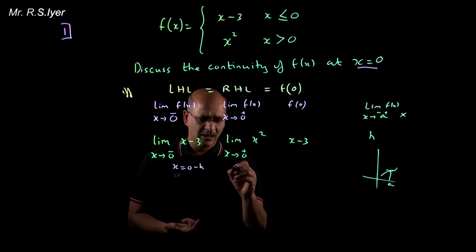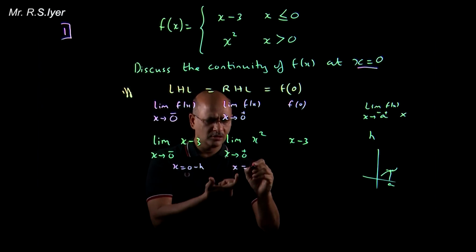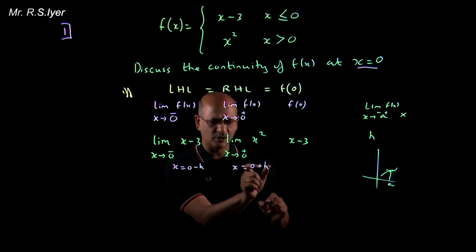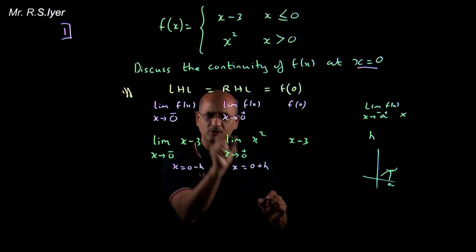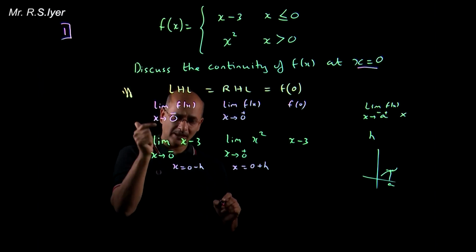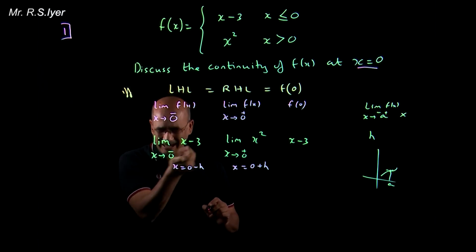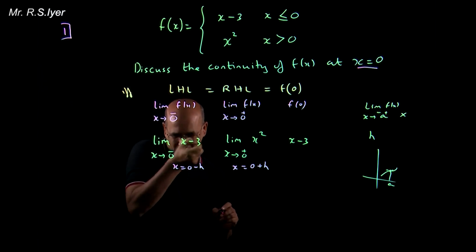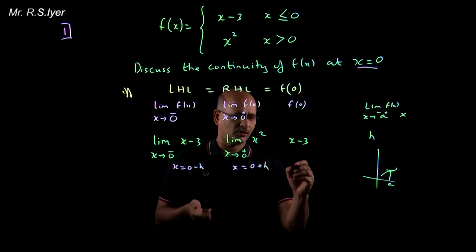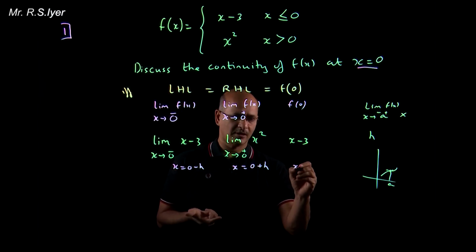In this case, let x equal 0 plus h. Why do I do this? Because this becomes a specific value. At this value you are going to find the limit of the function, what it approaches as x approaches less than 0, that is very close to 0 on the left hand side, and at x equals 0 this is, of course, not an issue.